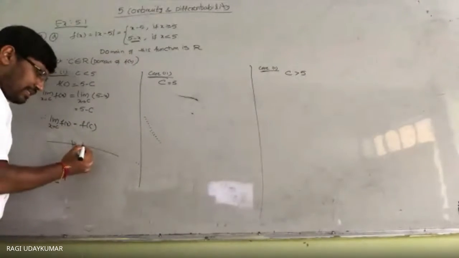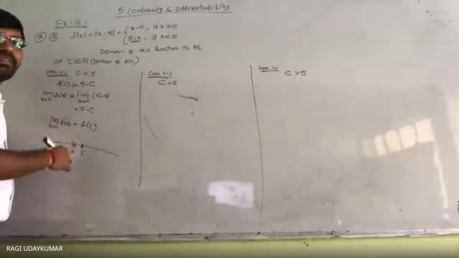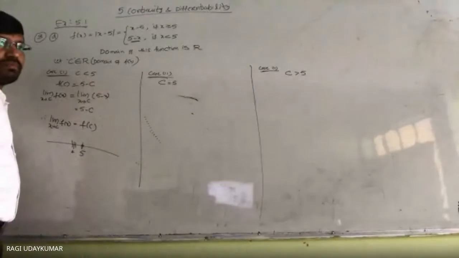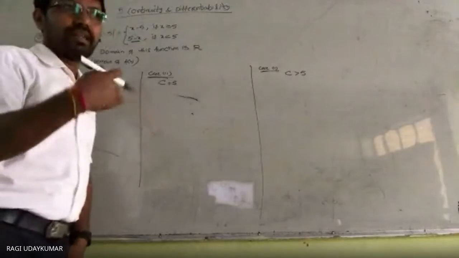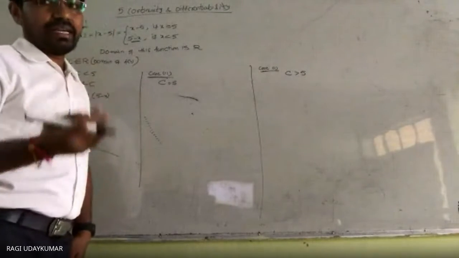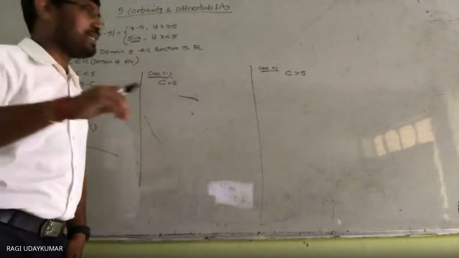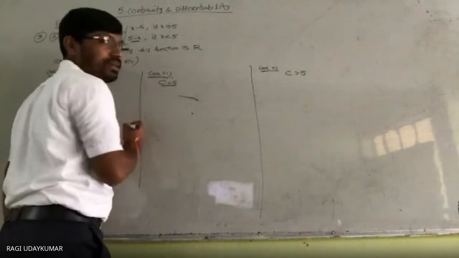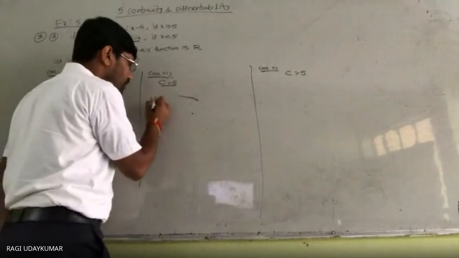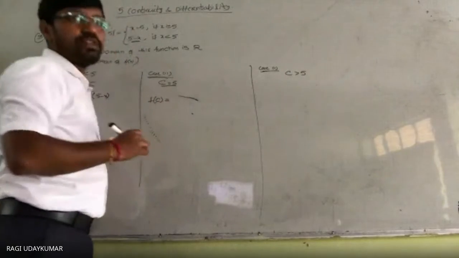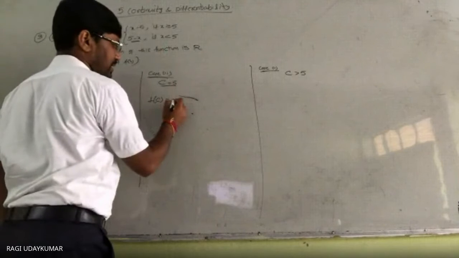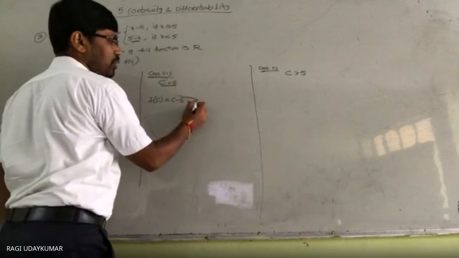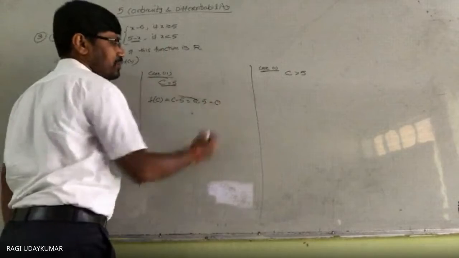The right side of the 5 means that the function also changes. That's why we need to find the left hand limit and right hand limit in case of exactly c is equal to 5. So if c is equal to 5, f of c is equal to, this function should be taken, x minus 5, c minus 5. C value is already 5, 5 minus 5 is equal to 0.